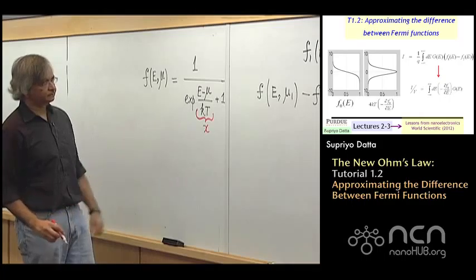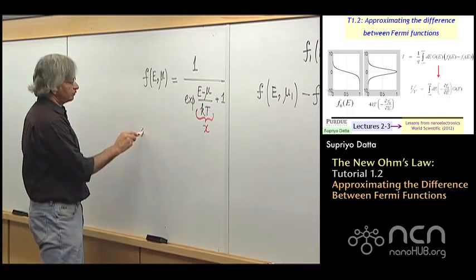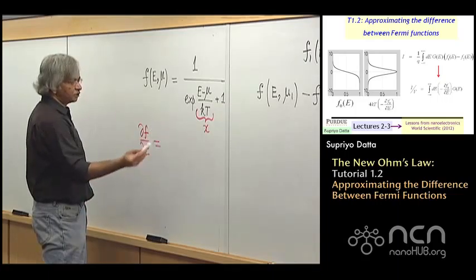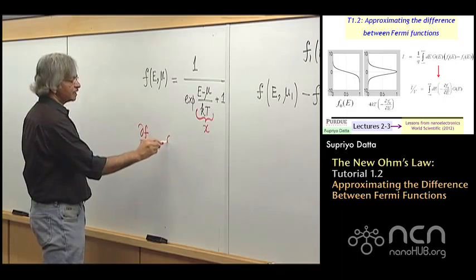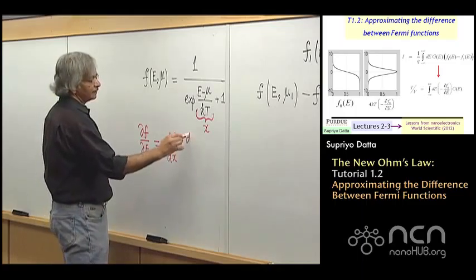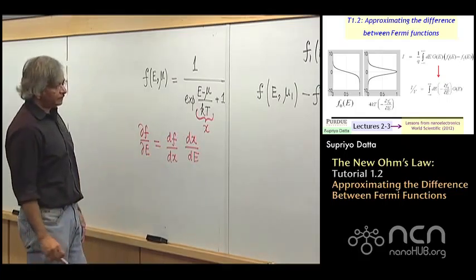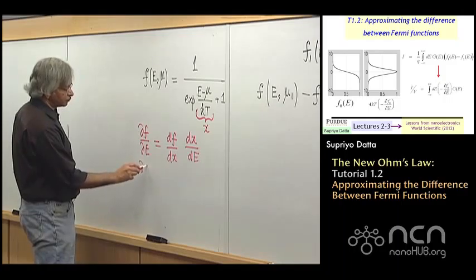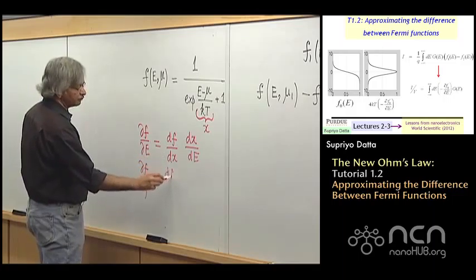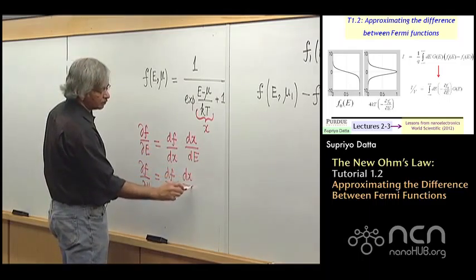Then the general rule is that if I want the derivative of f with respect to E, I could first take the derivative of f with respect to x, and then multiply it by the derivative of x with respect to E. On the other hand, if I'm trying to find the derivative of f with respect to mu, then I could take df dx and then take the derivative of x with respect to mu.